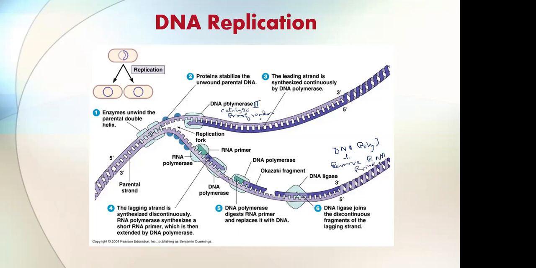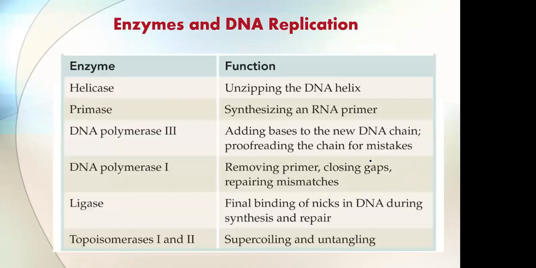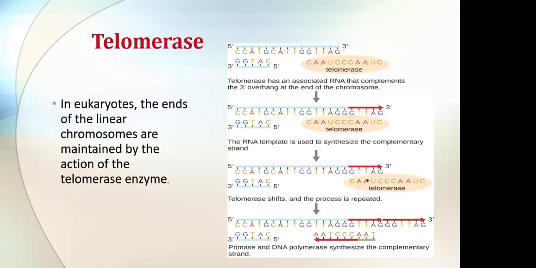So that's the difference between DNA polymerase 1 and 3. So helicase unzips the DNA helix. How does it unzip? It actually breaks the hydrogen bonds. Okay, so I talked about everything on it.